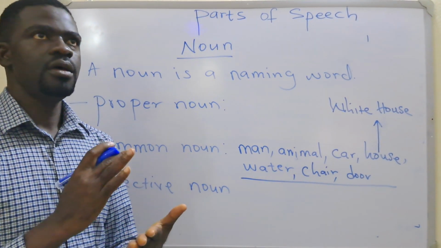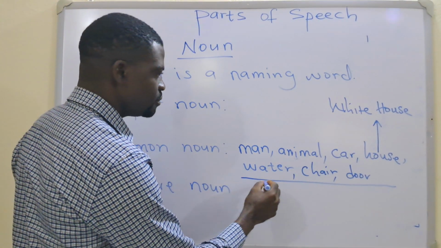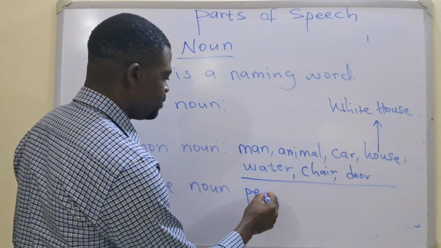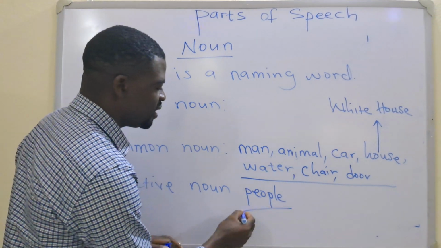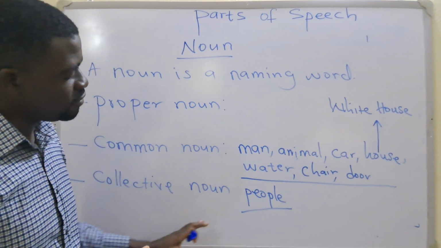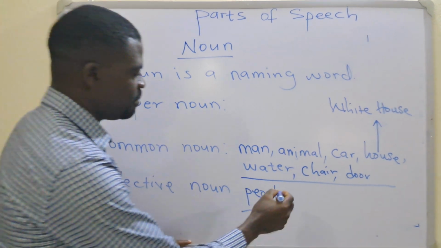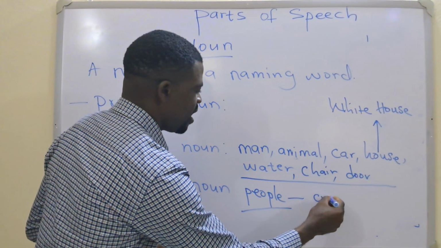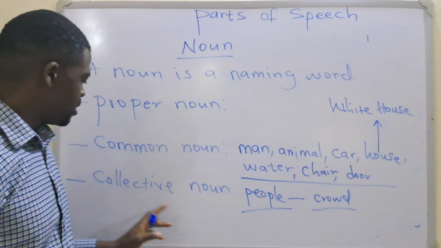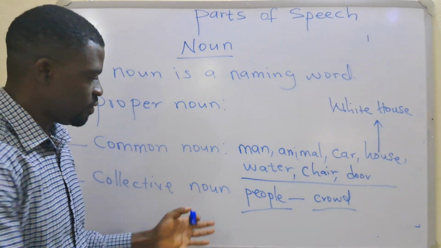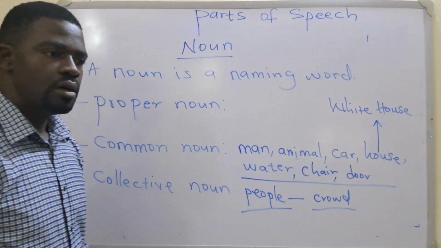And if you have a lot of people, people is a common noun. But when you have a lot of people in one place, there is a name you give to that. A collection of people will become a crowd. So crowd is a collective noun.